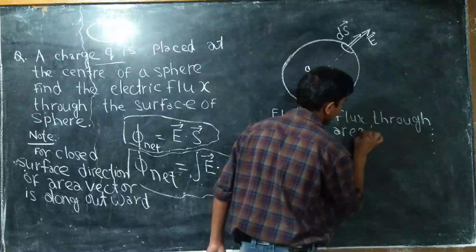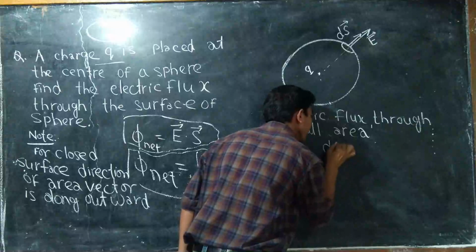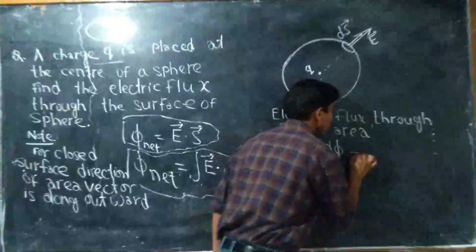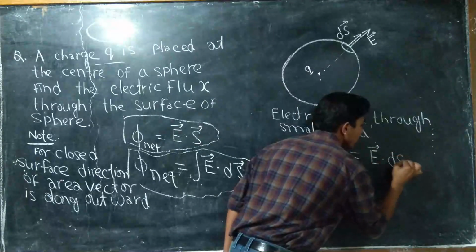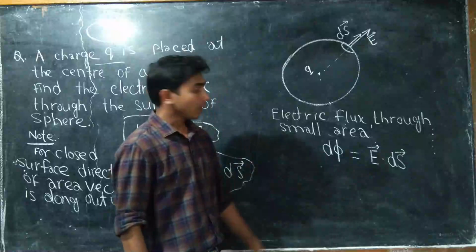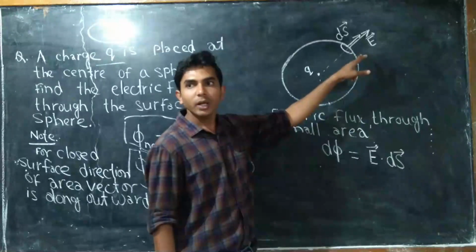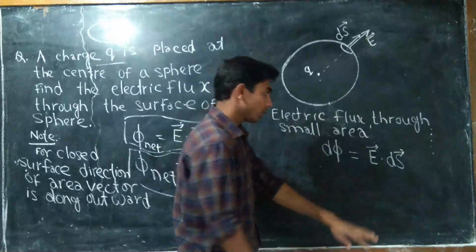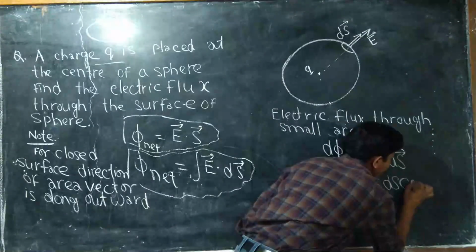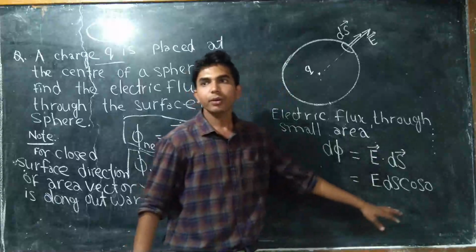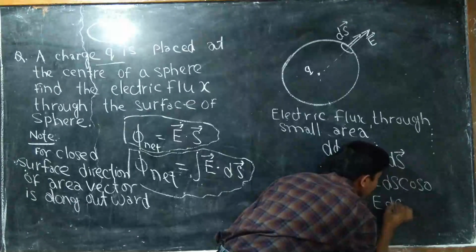That electric flux is d phi, and d phi is basically E dot dS. Electric field and area vector are both along the same direction, so we can write E dS cos 0, and cos 0 is 1. So finally we got this formula.